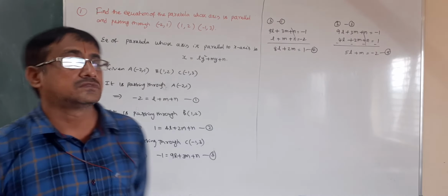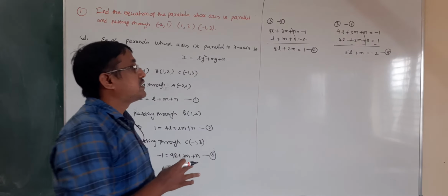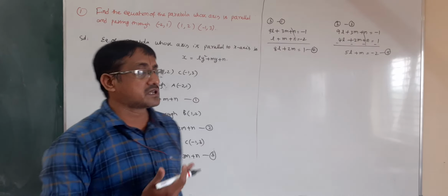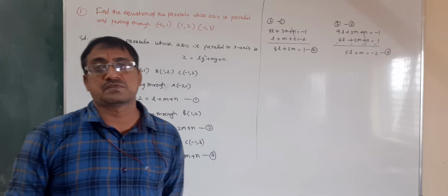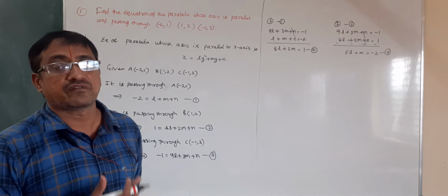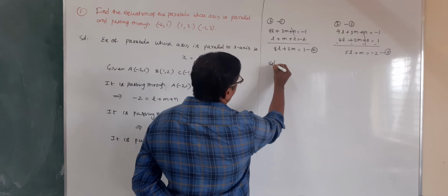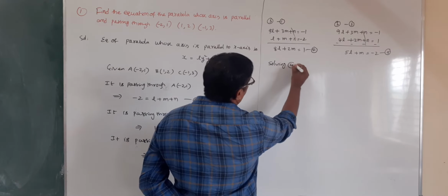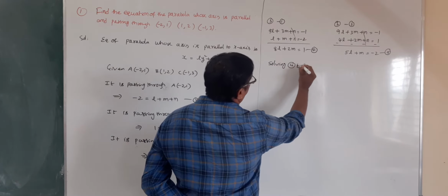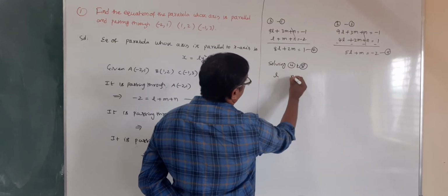Now you have 2 equations in 2 variables, so you can use the cross multiplication rule and find the values of l, m. Now solving 4 and 5 by using the cross multiplication rule.